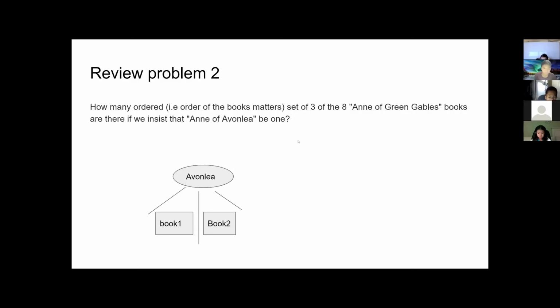So if Anne of Green Gables is a book, there's already one fixed one. So we only have 2 more to choose from the remaining 7. So basically it's P(7,2).